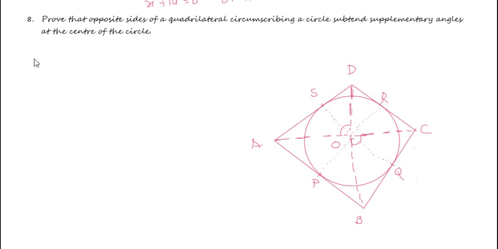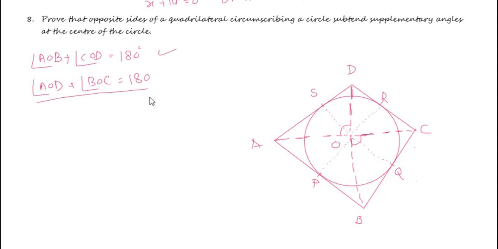Therefore, we need to prove that angle AOB plus angle COD equal to 180 degree. They are supplementary. Similarly, angle AOD plus angle BOC equal to 180 degree. Now, if you prove the first one, the second one is automatically proved.